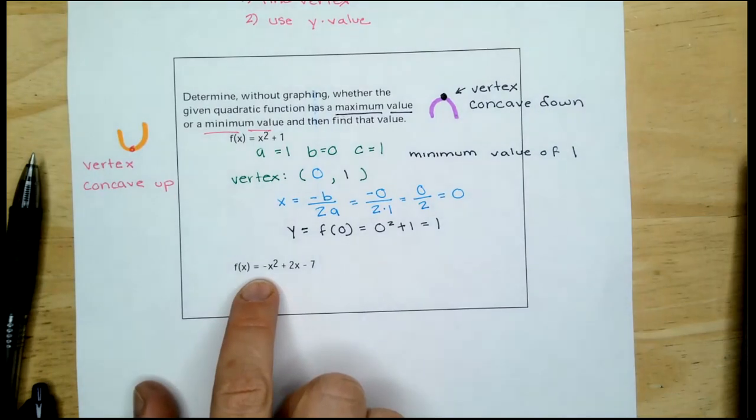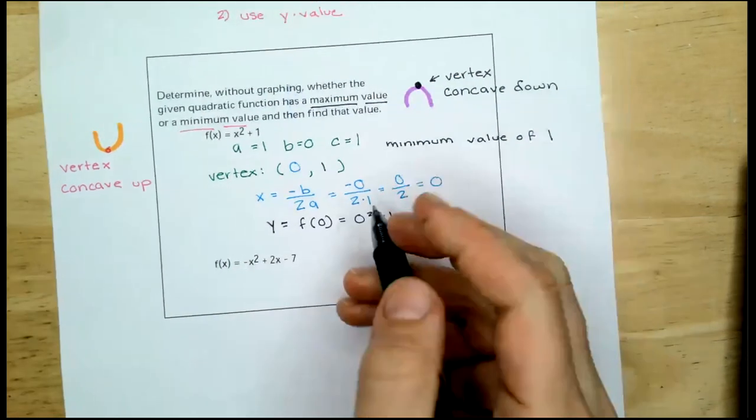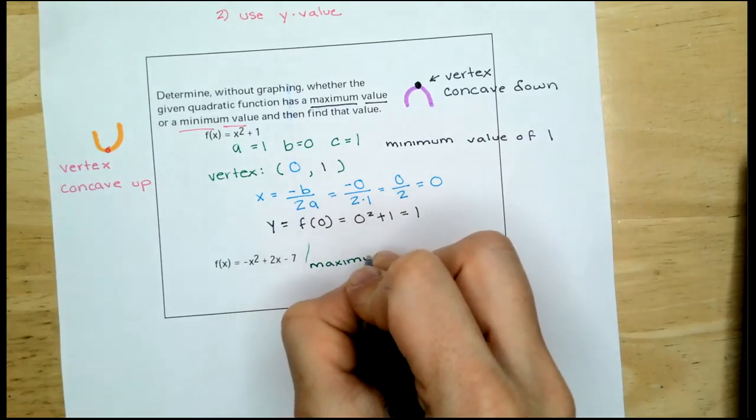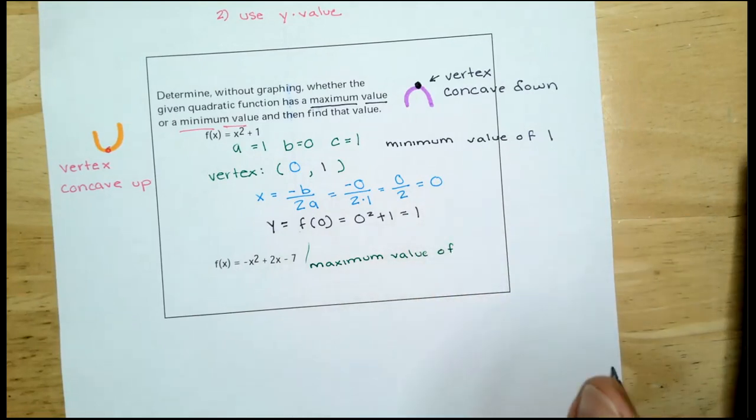This one, it's concave down because it's a negative x squared. So that's going to be a maximum value. So I should have started with that first example. Maximum value of, and then we're going to find it by finding the vertex.